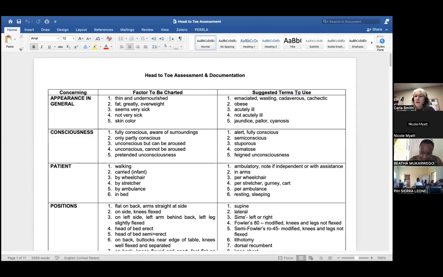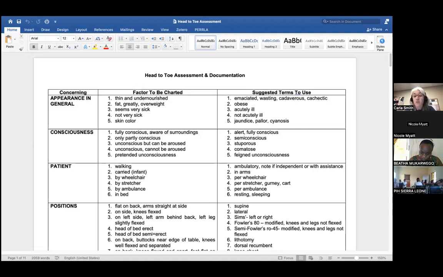We want to, again, try to use medically appropriate terms. Do they look emaciated? Do they look like they're wasted? Do they look cachectic? If they're overweight, you would want to use the term obese in your documentation.